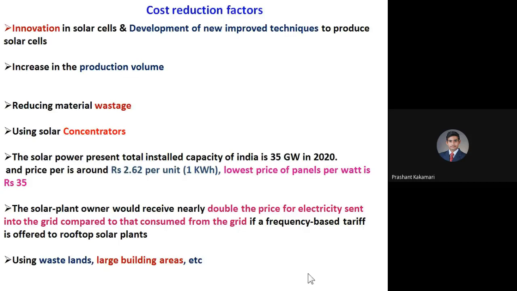Then if you are using the PV systems, the efficiency can also be improved by going for concentrators or mirrors. Other than concentrators, as yesterday I have shown you, the smooth surface of the PV cell can be made in a zigzag form or in a pyramid shape so that multiple reflections can happen on the surface itself.